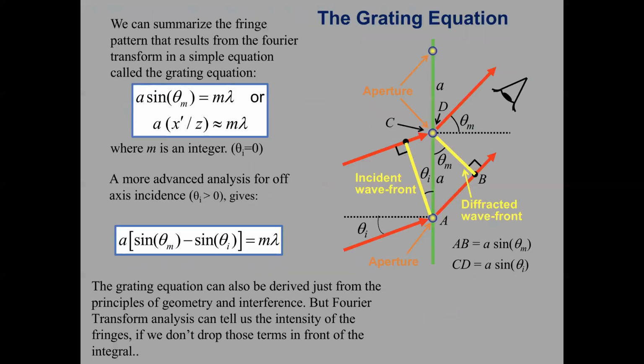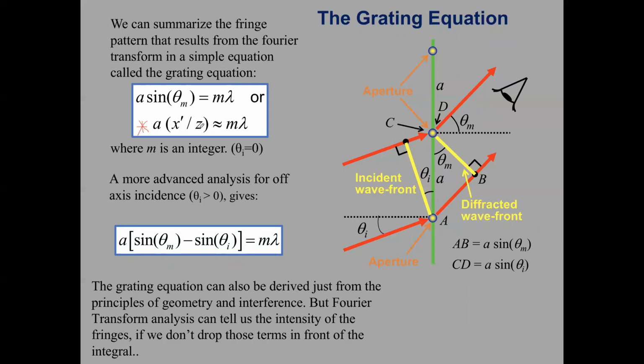When you really try to figure out the pattern here, it starts out looking like this. Basically, an integer number of the wavelength is going to be equal to the space between your slits times x prime divided by z.